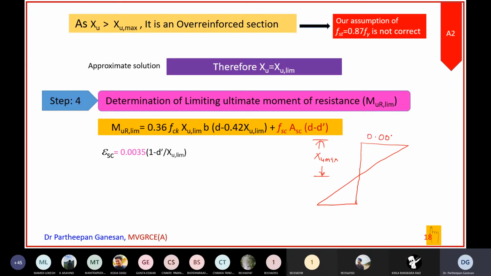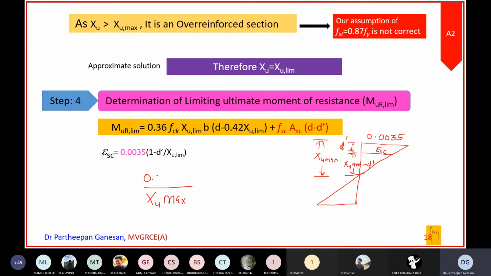At this point, you have 0.0035 as a strain. Now, at a distance of d dash, where the compression reinforcements are placed, that strain is called epsilon sc. So this distance will be Xu max minus d dash.